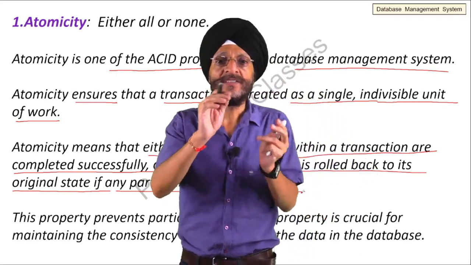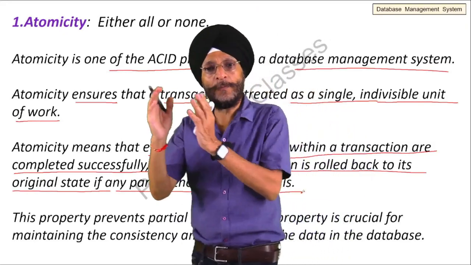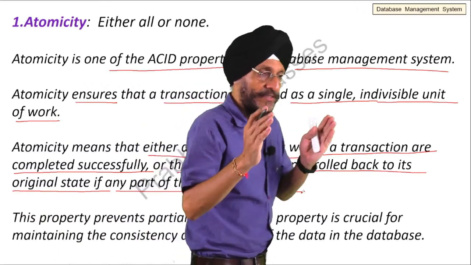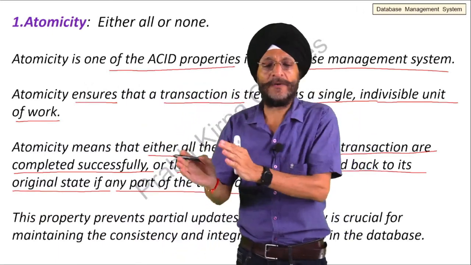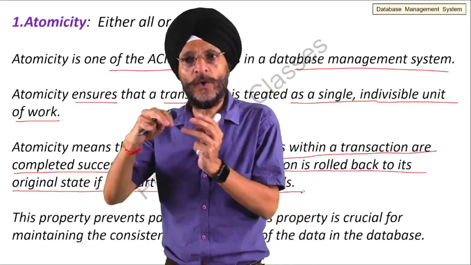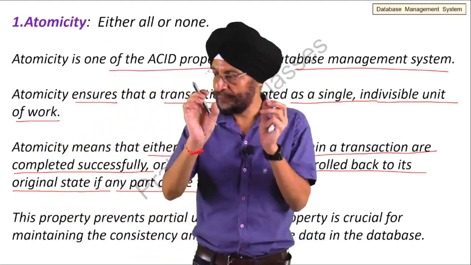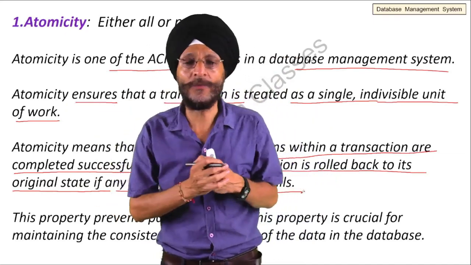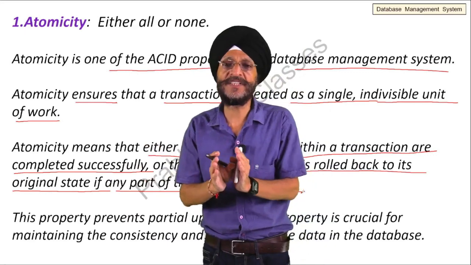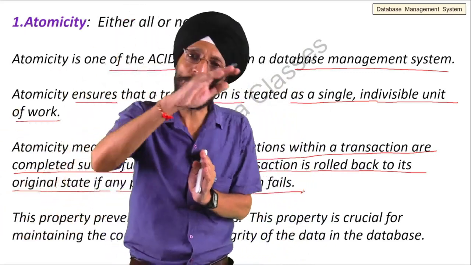So when there is, suppose, internet failure or power failure, at whatever step you are, that is, either you are entering your PIN or after that you may be entering the amount which you want to withdraw from the ATM machine, at any step, if there is failure of internet facility or power failure, the system will revert back to its original state.